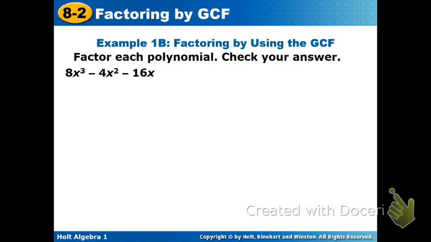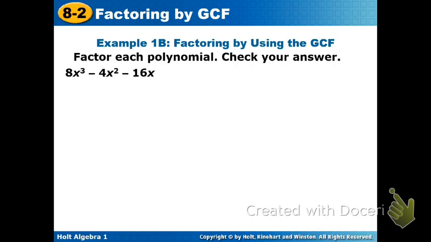Okay, we have an 8x cubed minus a 4x squared minus a 16x. So let's start with the 8, 4, and 16.